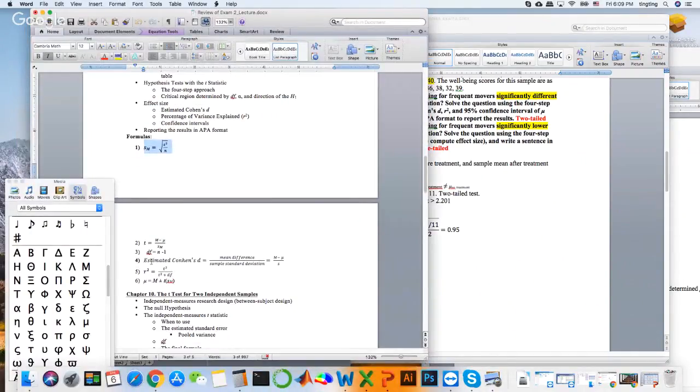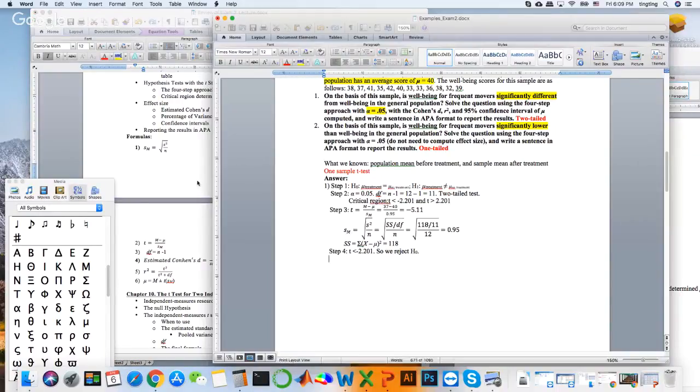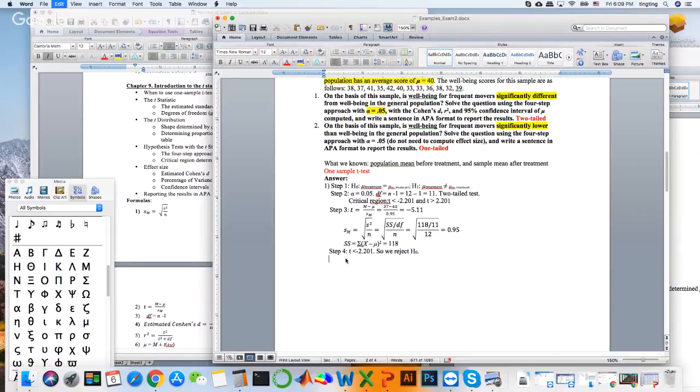The Cohen's d, we also have this formula. So here we don't know, do we know the S?